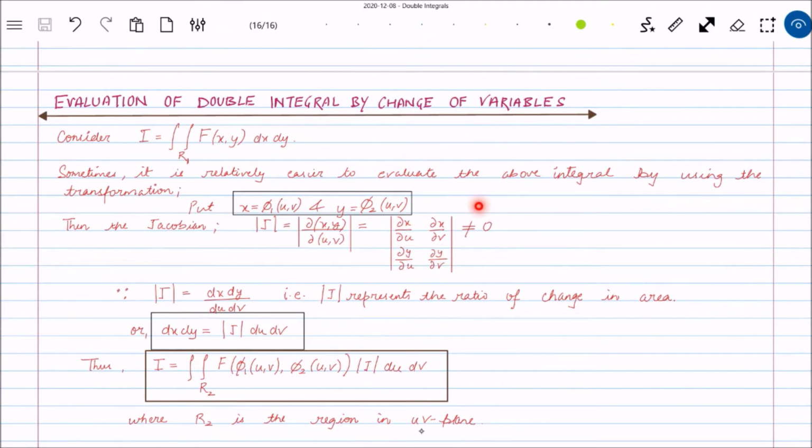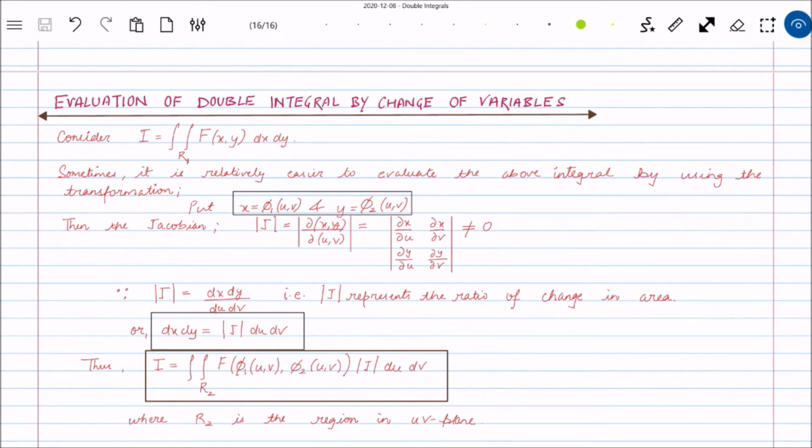And it is important that this determinant should not be equal to 0, because as you have studied in the Jacobian topic, whenever this Jacobian determinant is 0, then x and y are functionally dependent on the variables u and v. It means that such a substitution is not going to work actually.